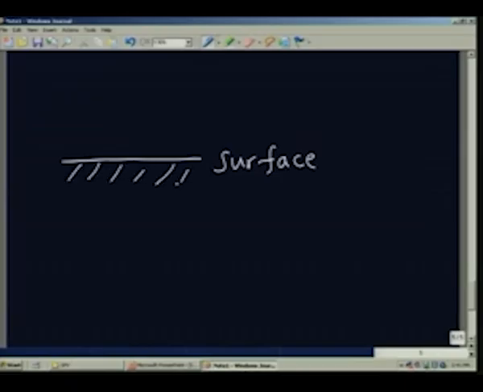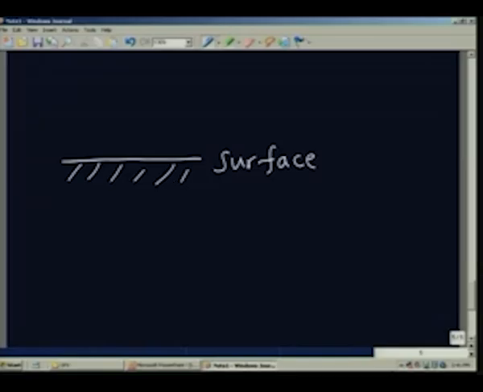Suppose you have a surface. Right now I am only talking about surfaces; we will later talk about gases, which is not important right now. I am idealizing the surface by a straight line. The surface actually separates two regions.